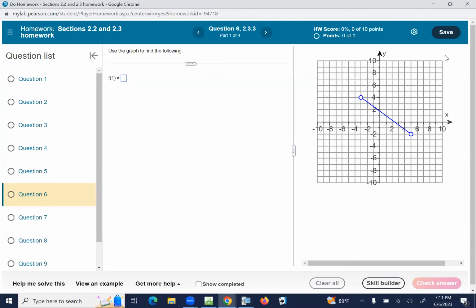So y'all, they want us to use this graph to find the following. So f of 1, when they ask us what f of 1 is, that means which y value corresponds to an x value of 1. So you're going to find 1 on the x-axis and go straight up and hit that line. So y'all, if you was at 1 on the x-axis and went up, what would the y value be where you hit the line?